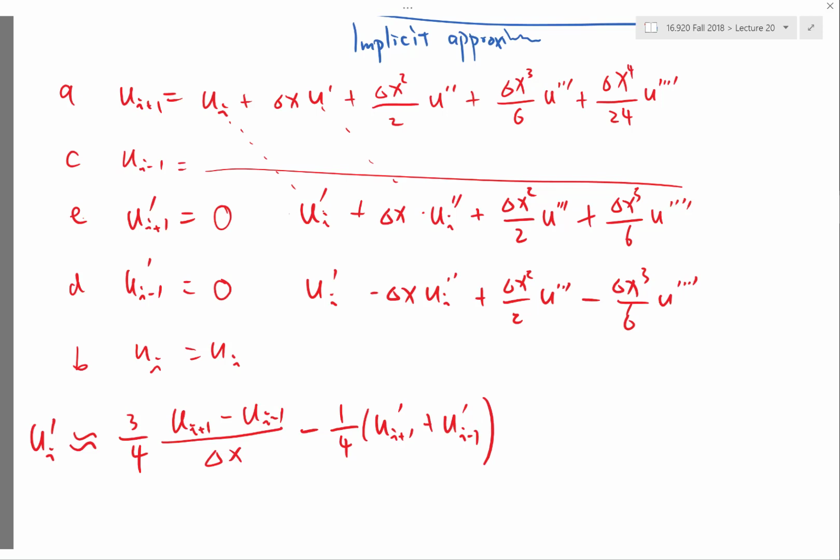Yes, it's actually fourth order accurate, because if you expand one additional term, that additional term is going to be proportional to delta x to the fourth. Or if you expand one more term on the values as opposed to the derivatives, it's going to be divided by delta x, so it's also delta x to the fourth. So O of delta x to the fourth.